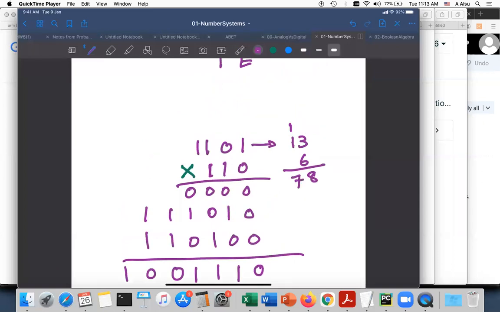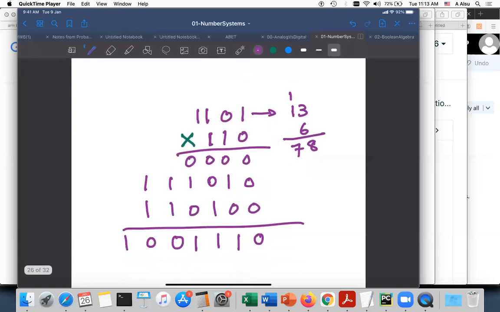So all we need to check is that this 78 has a binary representation that is this one. Let's see. I'm not going to use the conversion algorithm now. I'm going to use another trick.